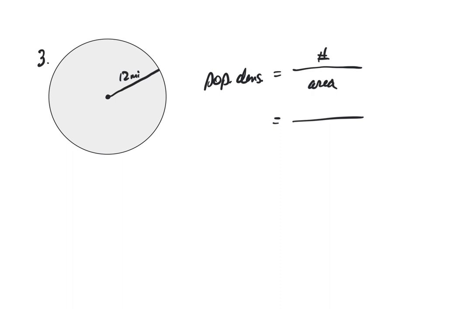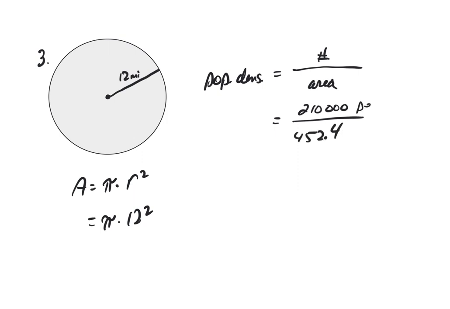And in the problem, it says 210,000 people live in this circular region. And the area, because it's a circle, we have to find using our formula for the area of a circle, which is pi times the radius squared. So the radius of this circular region is 12, so it'll be pi times 12 squared, which gets us an area of approximately 452.4 square miles.